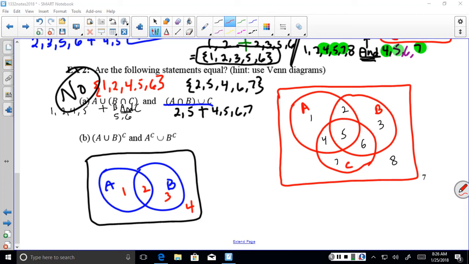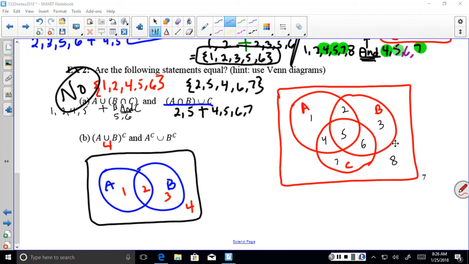So the one on the left says A union B complement. If we interpret that using order of operations, you do the exponent part first. That means it's not in A or B. So which number is it? 4. That's the only number that's not in A or B or both.